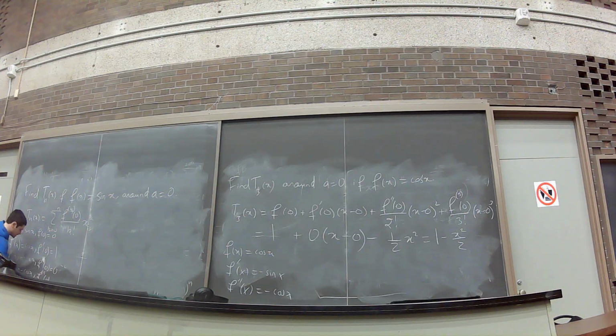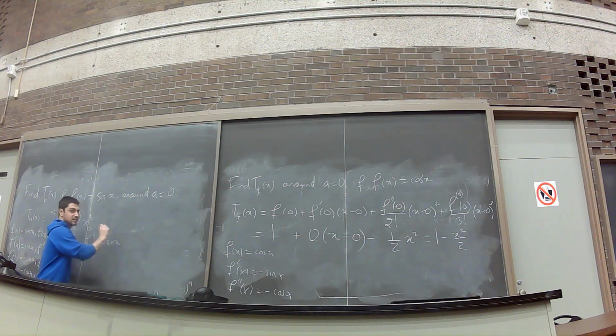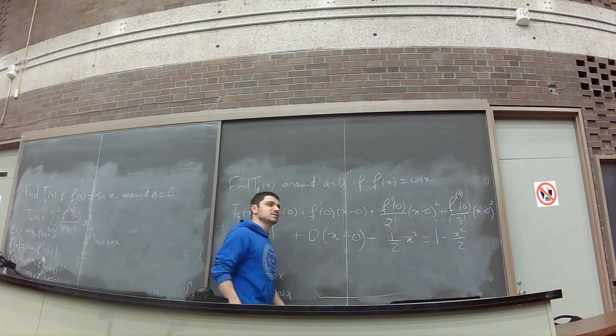This is 3 derivatives. Minus cosine of 0, what do you get? Minus 1. Okay, what is the fourth derivative of f? What's the derivative of minus cosine? Sine. So f4 of x is sine x.